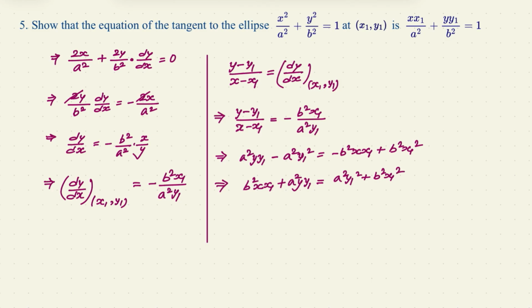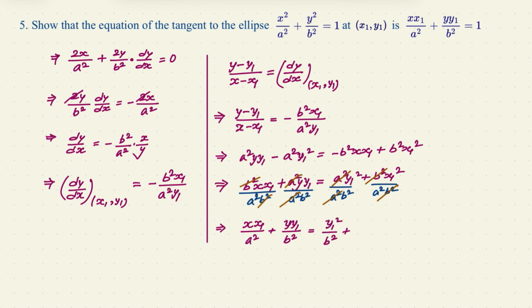Now let us divide both sides by a square b square. So here b square and b square got cancelled, a square got cancelled, and b square got cancelled. So the equation of tangent will be x into x1 by a square plus y into y1 by b square equals to y1 square by b square plus x1 square by a square.